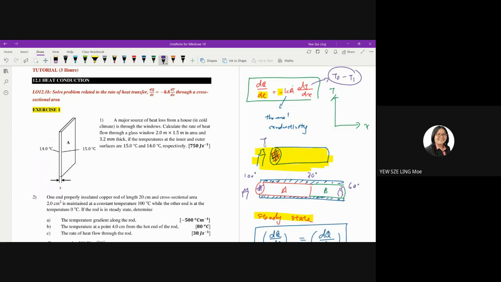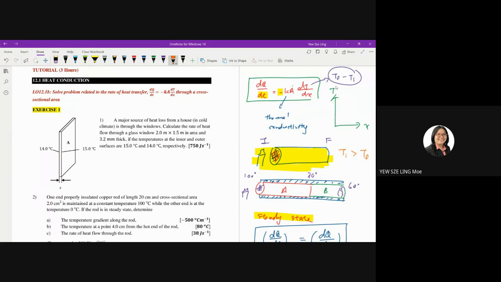So this is your initial position and this would be your final position. Based on the diagram given, we can tell that the initial position has a higher temperature and the final position has a lower temperature, which means your T initial is always larger than your T final.